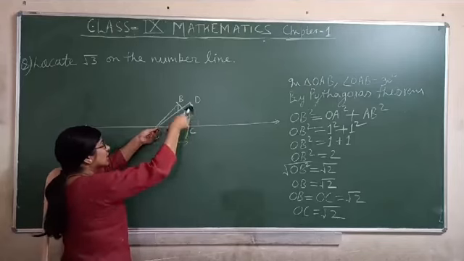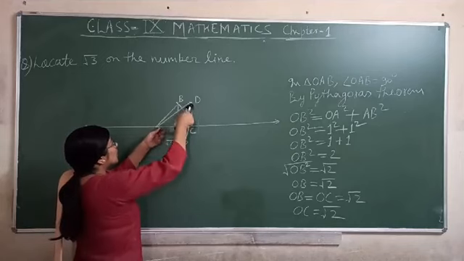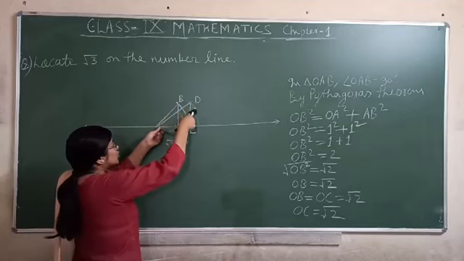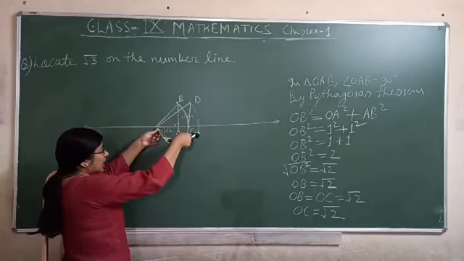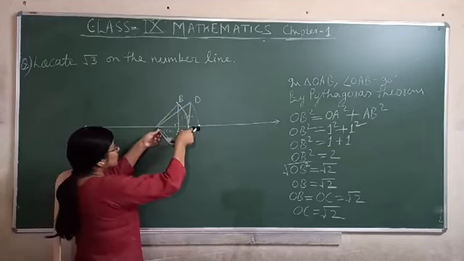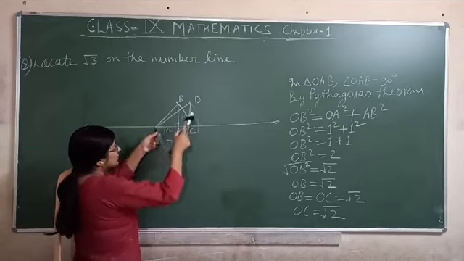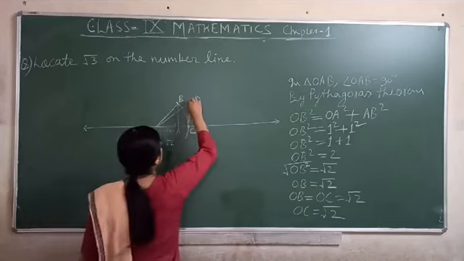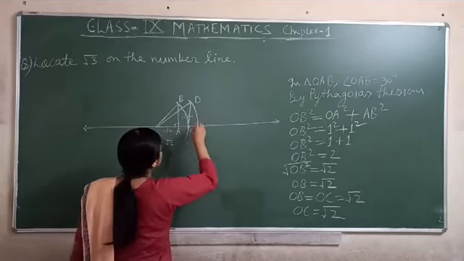Okay? You have to keep your needle at O and pencil at D, and then draw an arc up to the number line. So you will get another arc that will be like that.